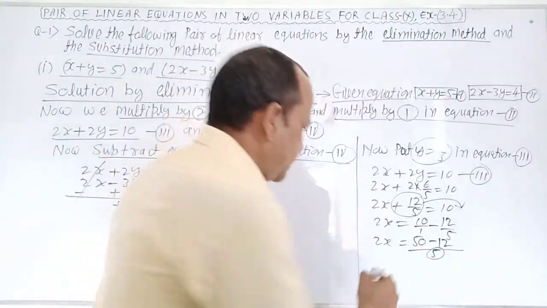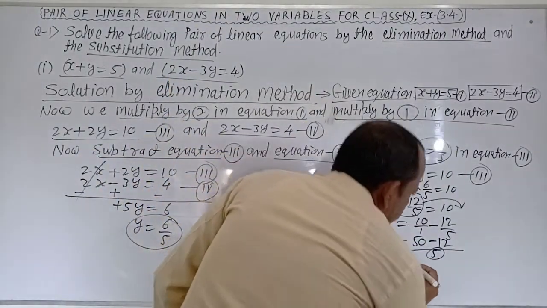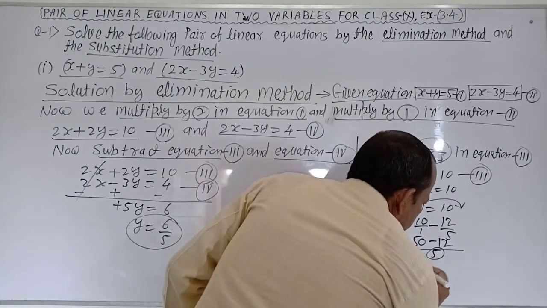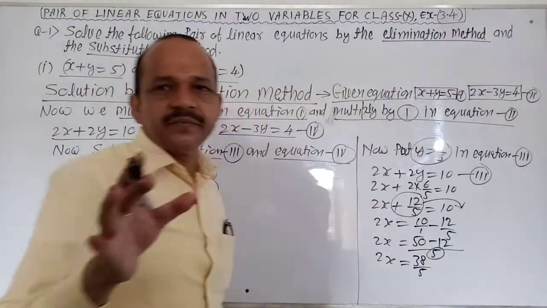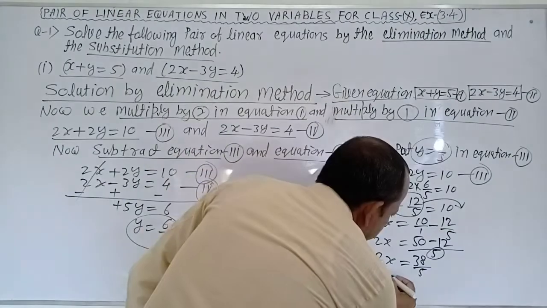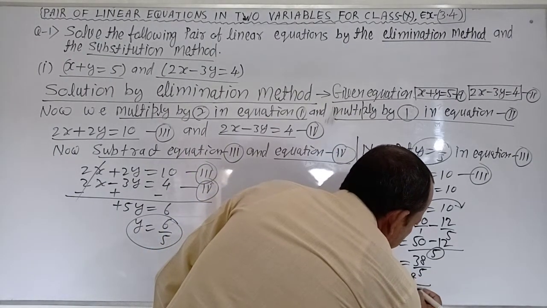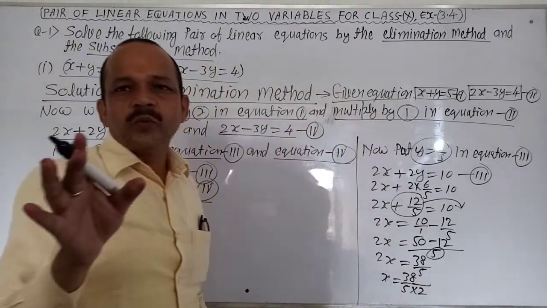You subtract it. It becomes 2x equal to 38 by 5. Clear? x equal to 38 by 5 divided by 2.